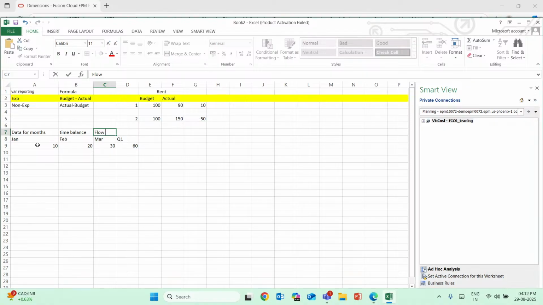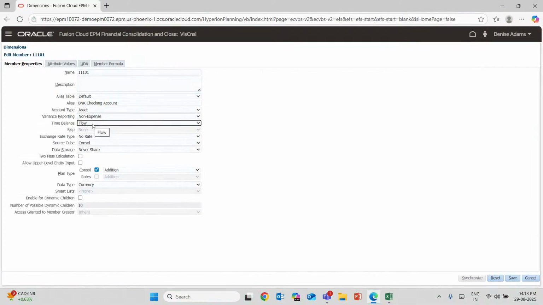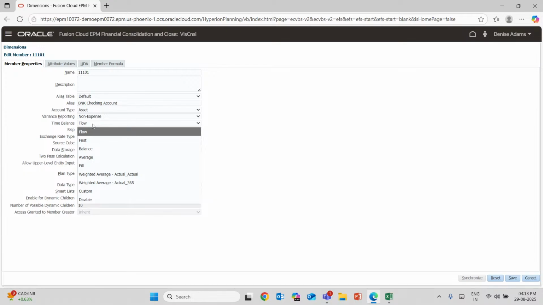We are just summing up the data for all the 3 months. So for revenue and expenses we take flow as the time balance.